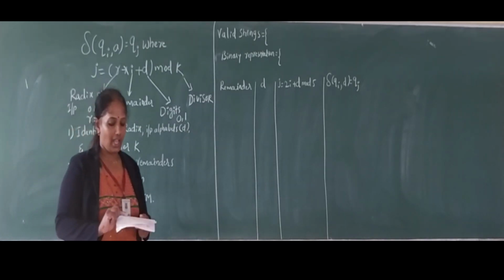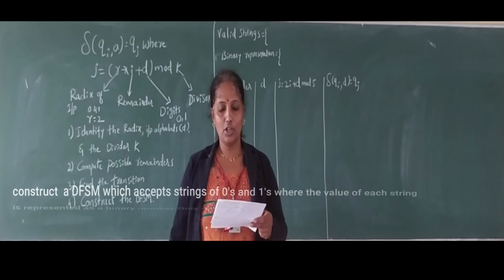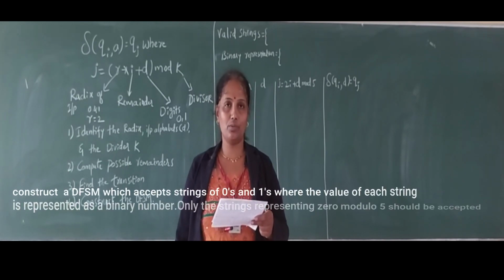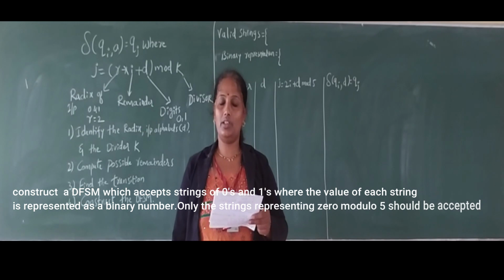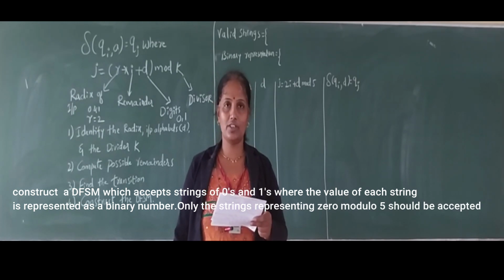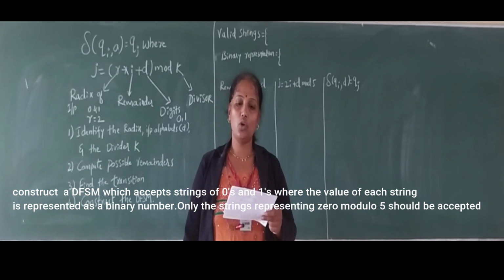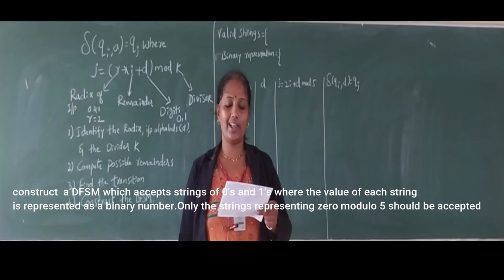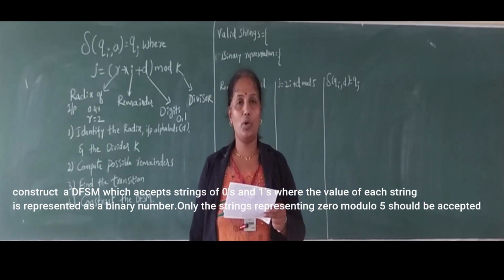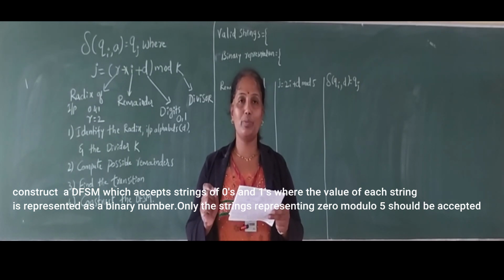So in the exam, they ask a question like, construct the DFSM which accepts the strings of zeros and ones. The input alphabets are 0 and 1, where the value of each string is represented as a binary number. Only the strings representing 0 modulo 5 should be accepted.